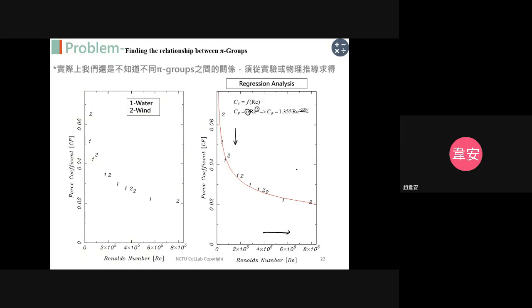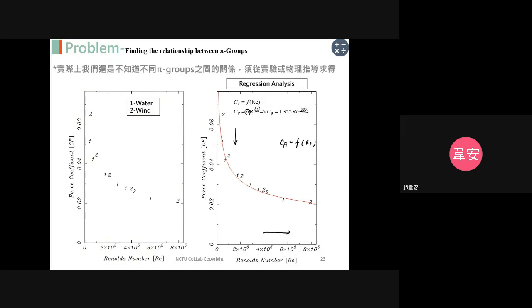So based on the dimensional analysis, we only know that the force coefficient is a function of the Reynolds number. So we didn't actually know the coefficients and a certain relationship between the Reynolds number and the force coefficient.